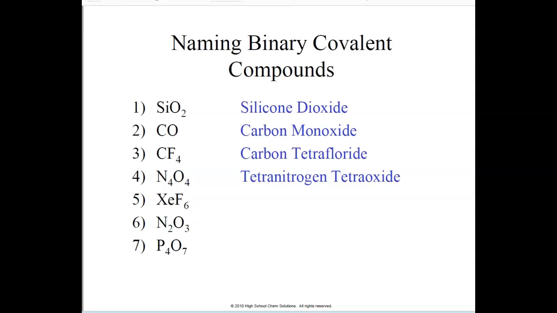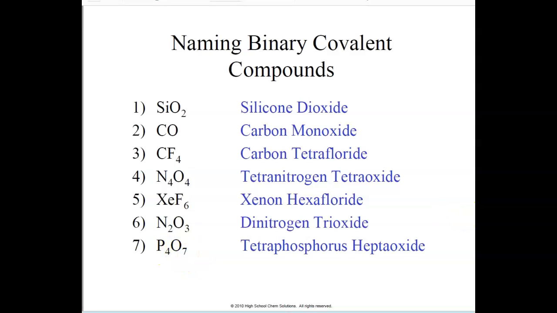If you get a chance, we'll study those a little later. These were discovered, I believe, by a scientist named Bartlett. I'll have to go back and check that. N2O3, dinitrogen trioxide, 2 nitrogens and 3 oxides. And what do you think this last one's going to be? I have 4 phosphoruses, so tetraphosphorus heptoxide. Sometimes we just slur it together and say heptoxide. It sounds a little less cumbersome and blends those two vowels together.